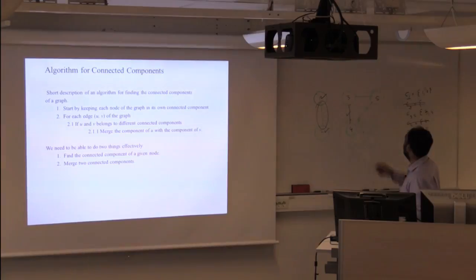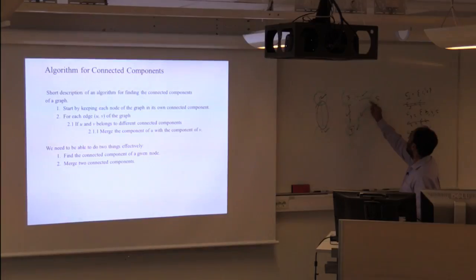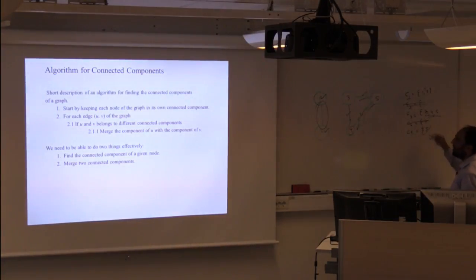and in the end we have this one, 4 and 5. We check, do they belong to different connected components? No. So we merge them, and similarly we check this 3 and 5, so they are already merged.